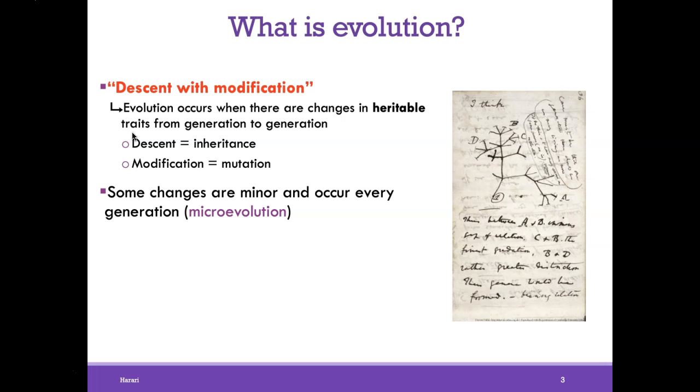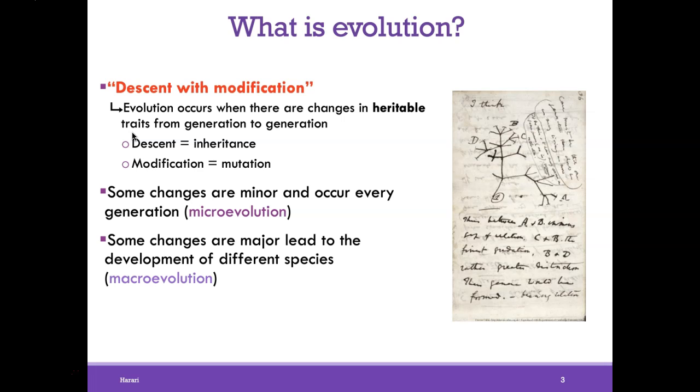We would call this microevolution. This happens in every population or species, and most of what we'll talk about refers to microevolution. Some changes are more major and lead to the development of a different species altogether, and that's called macroevolution. When a species undergoes so much modification, sometimes it can cause the origin of a new species altogether.